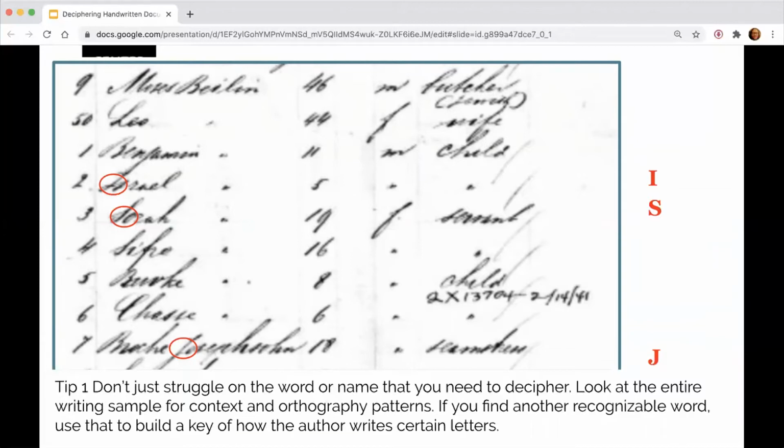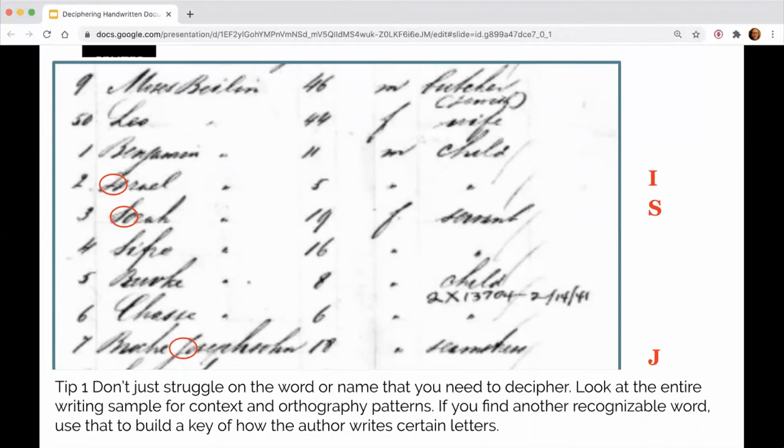Those three letters are similar, but not exactly the same in ways that you can recognize when you look at the whole page and have a few words to help you make a key of clues in deciphering the letters.